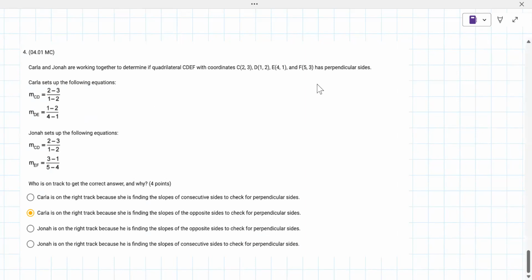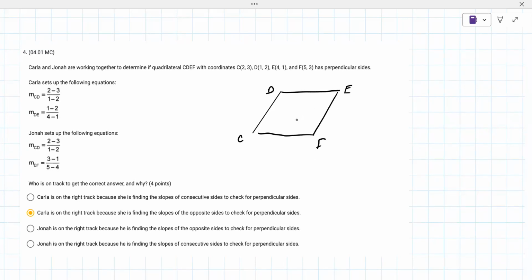All right, so let's see here. C. Just a quick sketch of this: C to D, D to E, E to F. Even if this isn't the right drawing, it helps you to figure out which is perpendicular.